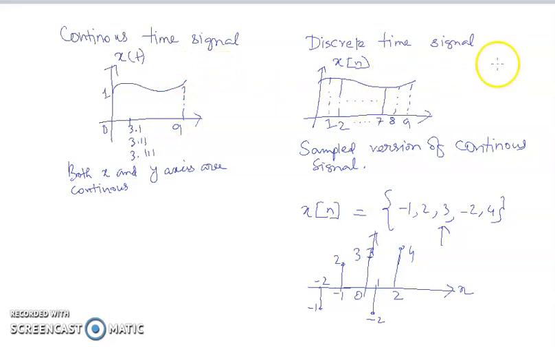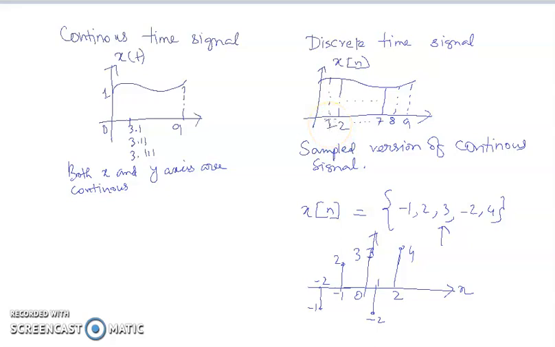In the discrete time domain, the time domain is also discrete. The sampled version of a continuous time signal is known as a discrete time signal. Here we have seen that the time values from 0 to 9 are sampled at every 1 second.